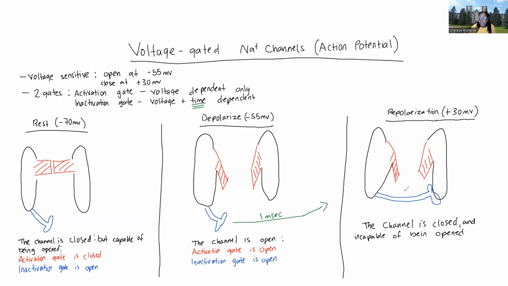Okay, simply because the inactivation gate is closed. What that means is that even though a strong enough stimulus came by that was at -55, there is no way to open up this channel. So the channel is not capable of being opened here, even if we had a -55 threshold change or a graded potential that's strong enough to become an action potential.